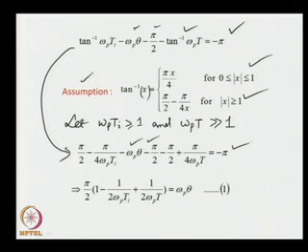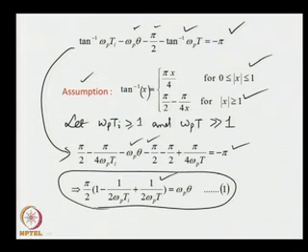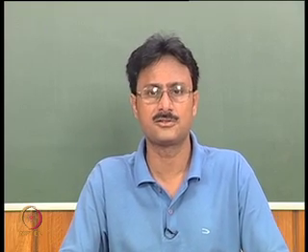Collecting the terms, we get the simplified expression pi upon 2 times (1 minus 1 upon 2 omega p T I plus 1 upon 2 omega p T) equal to omega p theta. So, we get one simplified expression using the information from the phase crossover point.